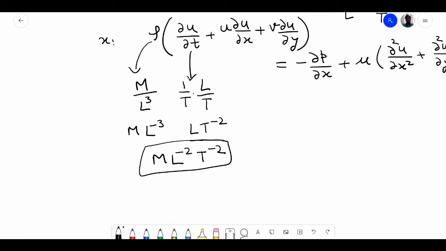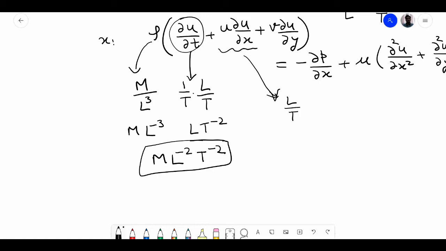Now what is the dimension of rho u dou u by dou x, which is the second term here? Let us see the dimension of this term. It should match the dimension of dou u by dou t term. Only then this equation is dimensionally consistent. What is the dimension of u? That is L by t, meter per second or some other unit, but it is length by time.